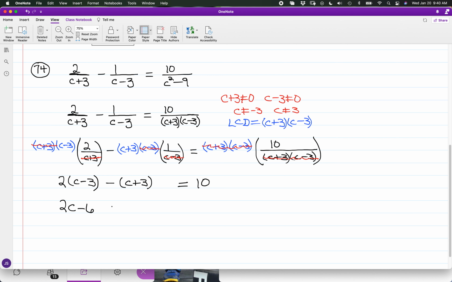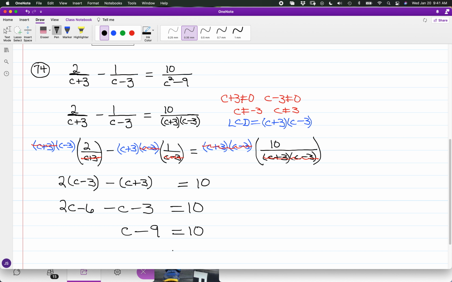And then we have minus c. And then the distribution of subtraction over 3 becomes minus 3, and we have is equal to 10. And just combining like terms, 2c minus c becomes c. Negative 6 and negative 3 will be a negative 9. So we have that c minus 9 is equal to 10.